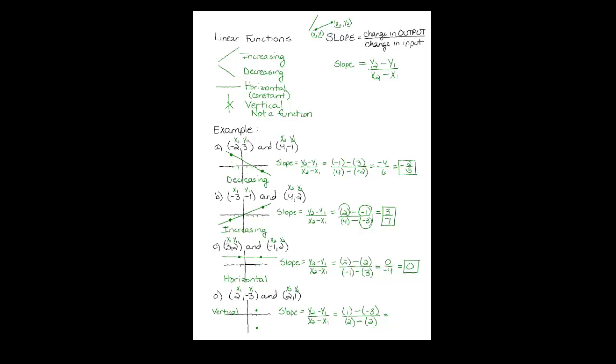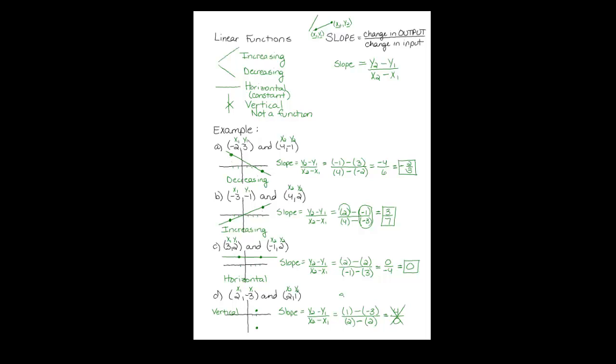Working out the top, we have 1 minus a negative 3 is 4, divided by 2 minus 2 is 0. Now, here you have 4 divided by 0. Now, in mathematics, you can never, ever divide by 0. That just cannot be done.